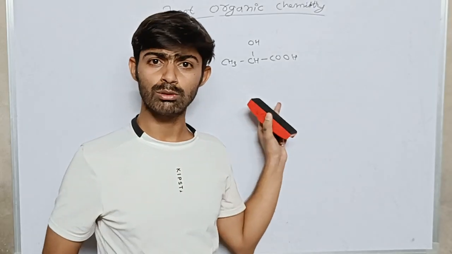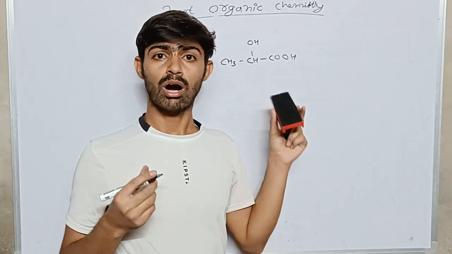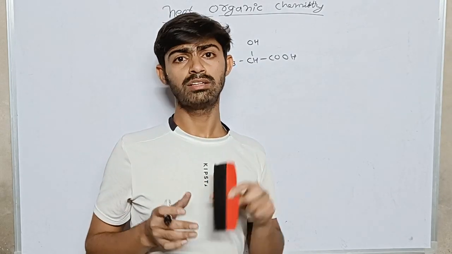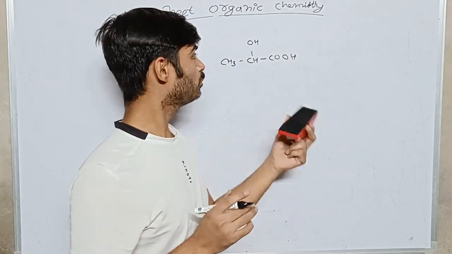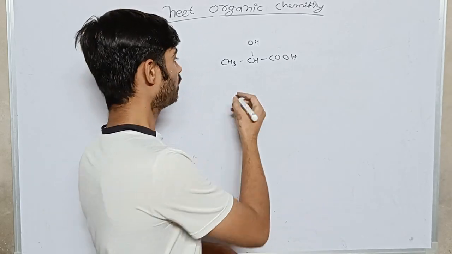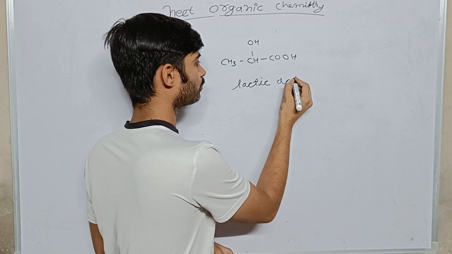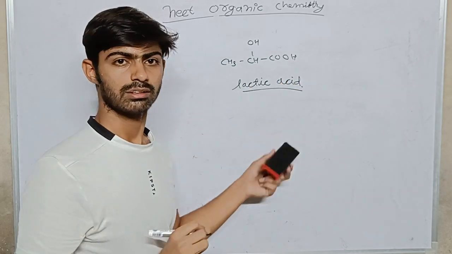If you don't know the formula of lactic acid, how will you know about it? How will you write the name of this compound? So you must know these names. This is lactic acid.